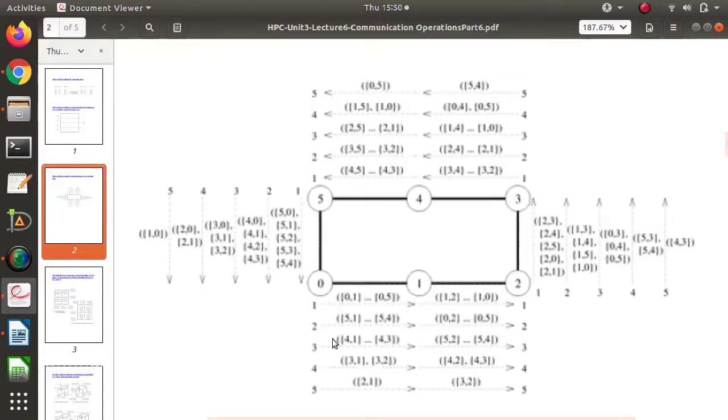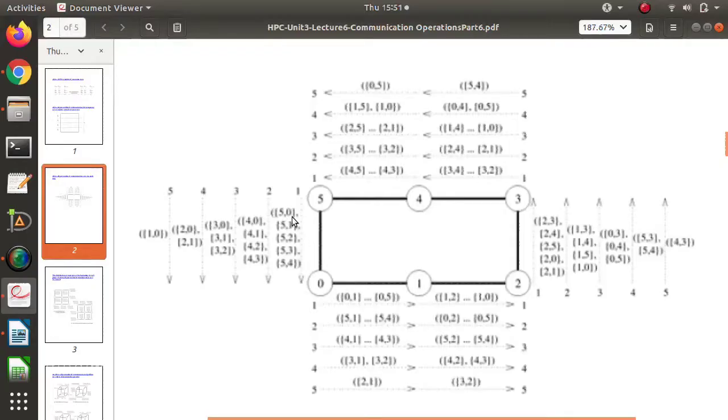Now see, if you observe properly, the messages are getting reduced. Here also you will see messages are getting reduced, and in the same way in each step.